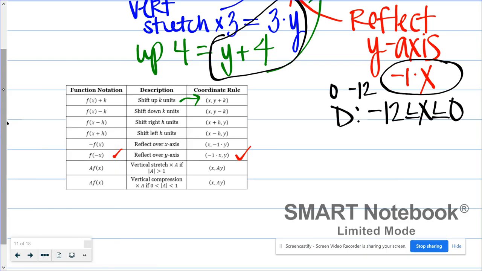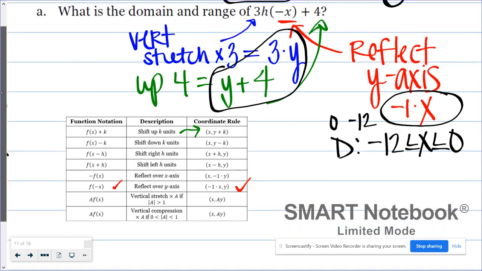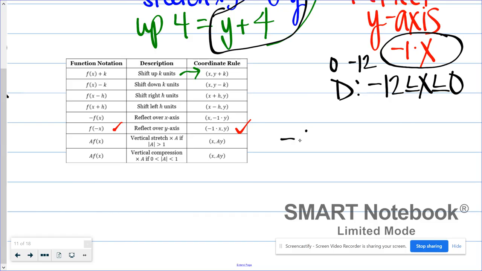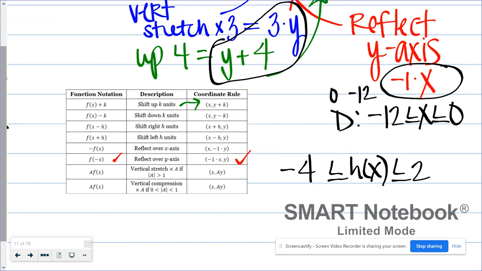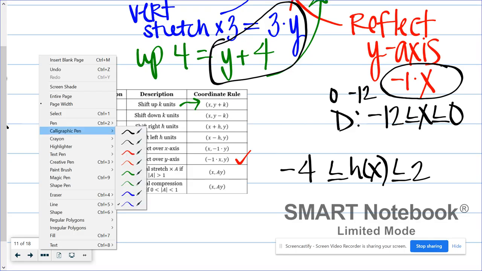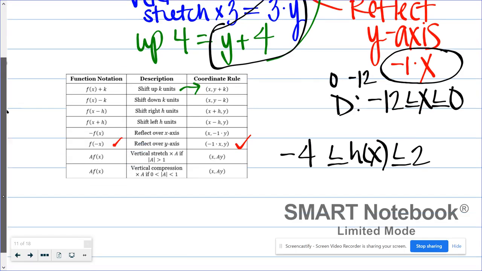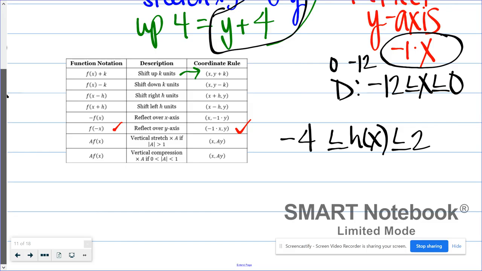Negative 4 to 2. I'm going to write it here, okay? So that's the original range. And I'm going to do 2 things. Like I said, I'm going to multiply each of those values by 3, and I'm going to add 4 to them.